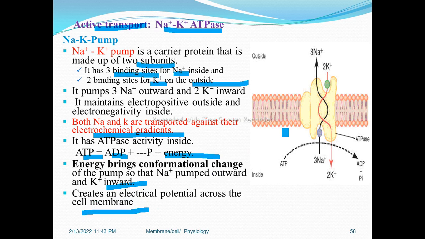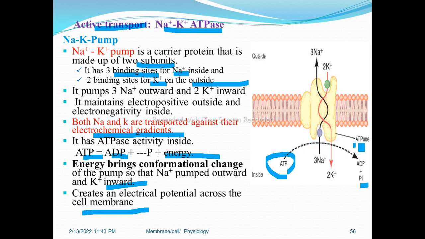So now let us see an example. This is the cell membrane, and this is a channel, the sodium-potassium pump. Here ATP will break down into ADP and phosphate, which produces energy inside the cell.